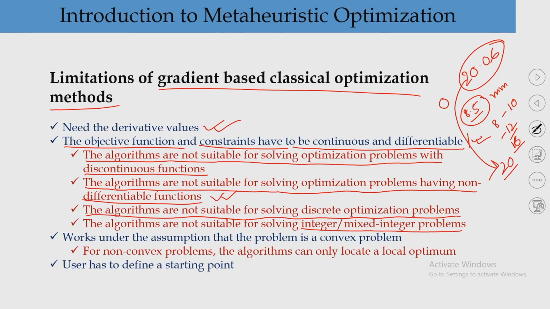If you apply these algorithms, you will get a value like 8.5 or 20.06 or 21.27, which is not available in the market, so you will not be able to use this value. So these algorithms are not suitable for solving integer or mixed integer problems, where there may be integer variables along with continuous variables.